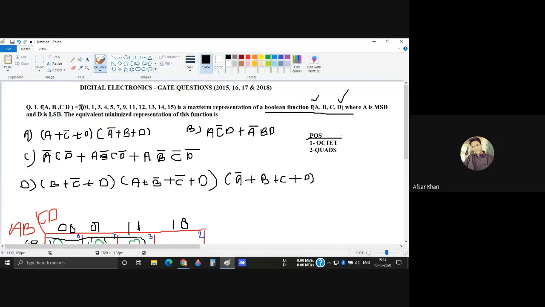So if we look at the options, one octet and two quads, we have to see which are in POS form: option A and option D. These two are in POS form.